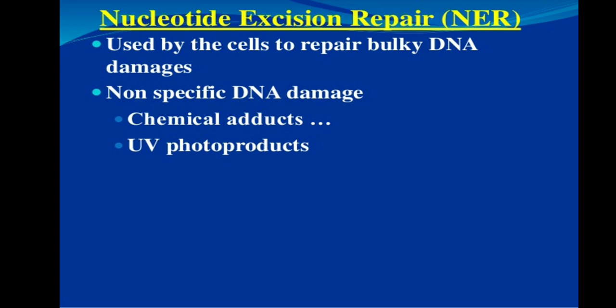So it's a non-specific DNA damage. Some kinds of chemical adducts or UV photoproducts cause damage to the DNA in the bulk form, right? So that's why this repair mechanism, nucleotide excision repair, will get activated, and it is non-specific.